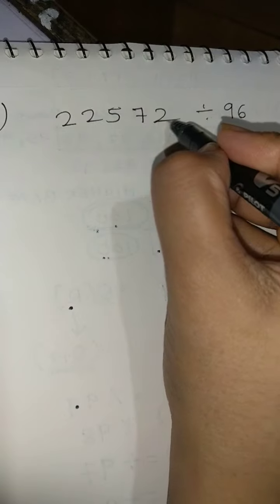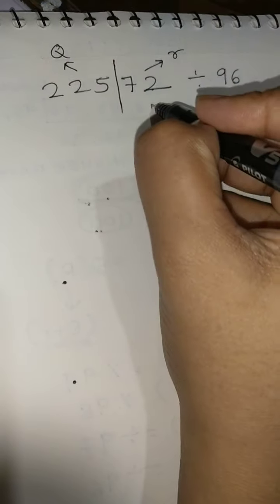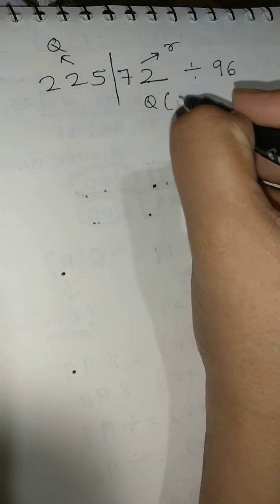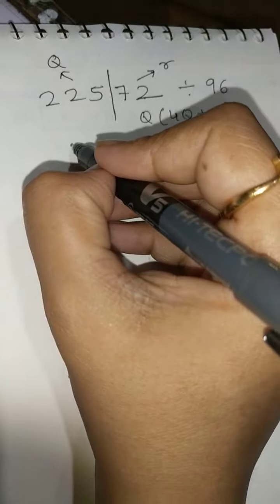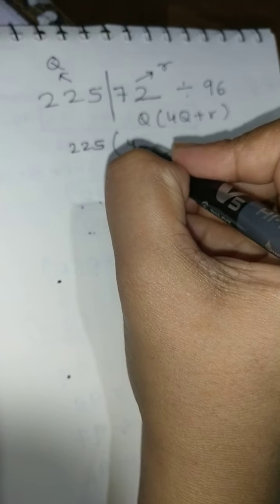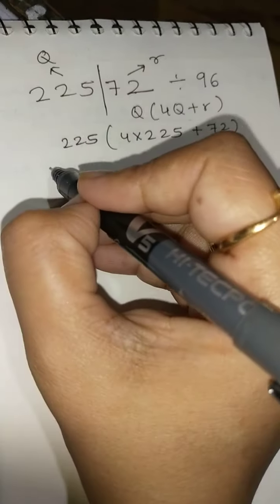So as usual you are going to divide it, split between the tens and hundreds. 72 is your r and 225 is your quotient q. Because it is 96, our formula is going to be throughout q, 4q plus smaller r. So let's substitute q 225, 4 into 225 plus 72. I have substituted the values.